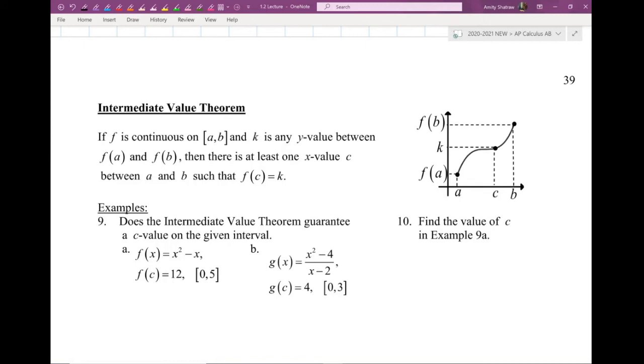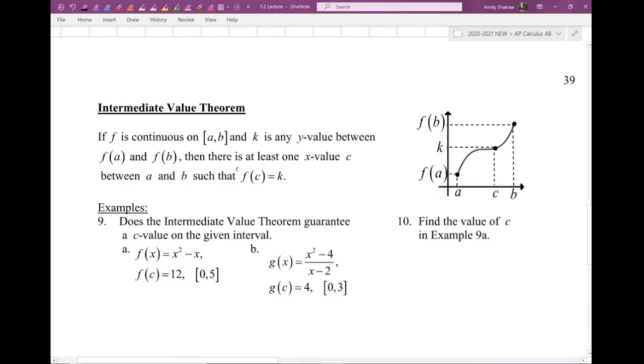Okay, so now that I've done my version of the intermediate value theorem in this freestyle, we have this: if f is continuous on the interval a to b and k is any y value between f of a and f of b, then there is at least one x value, which we could call c, that is going to be between a and b, such that the height at that input is going to equal a certain number.